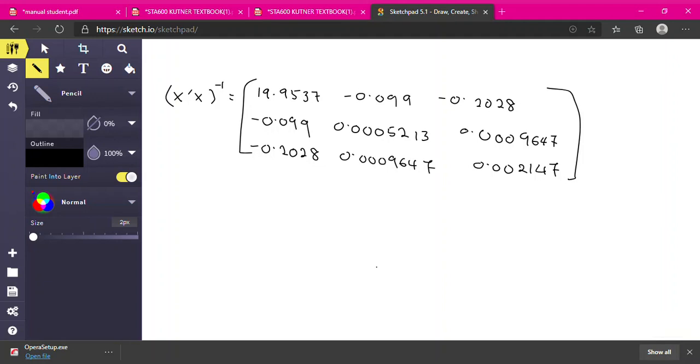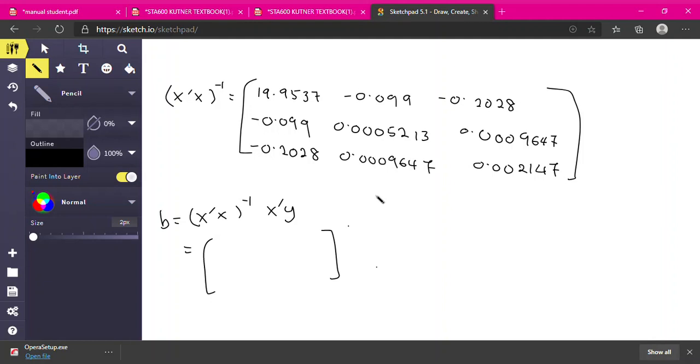Alright. So to find the matrix of beta, it is X transpose X inverse multiply matrix X transpose Y. So copy back this matrix.